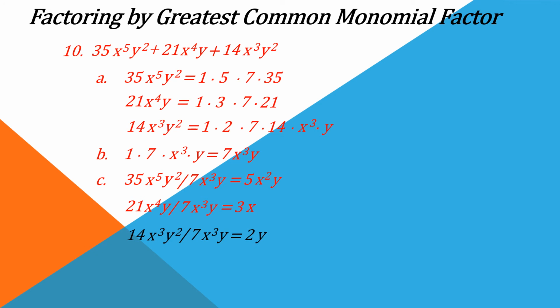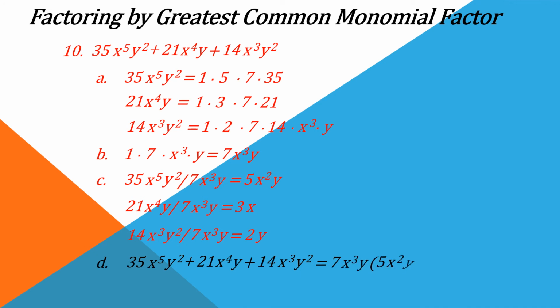Again, we will combine these three terms and multiply by the greatest common factor, and that will be our final answer. 35x to the fifth y squared plus 21x to the fourth y plus 14x cubed y squared is equal to 7x cubed y multiplied by the quantity 5x squared y plus 3x plus 2y, and that is our final answer.